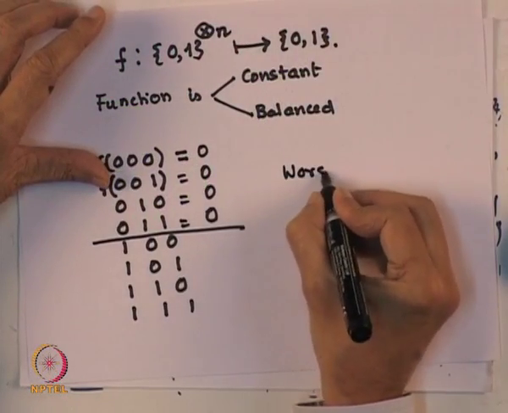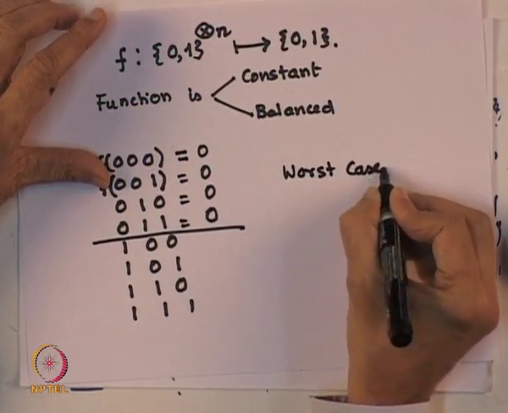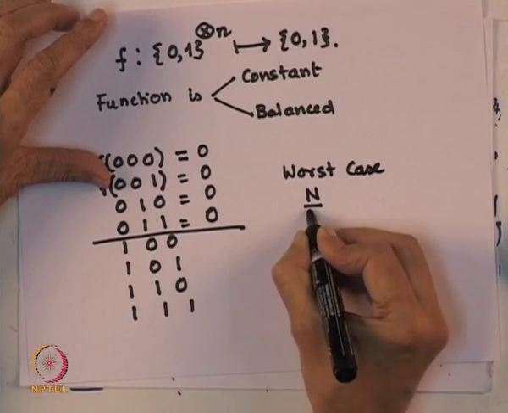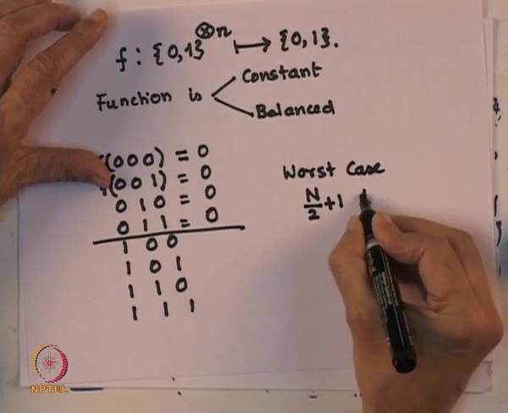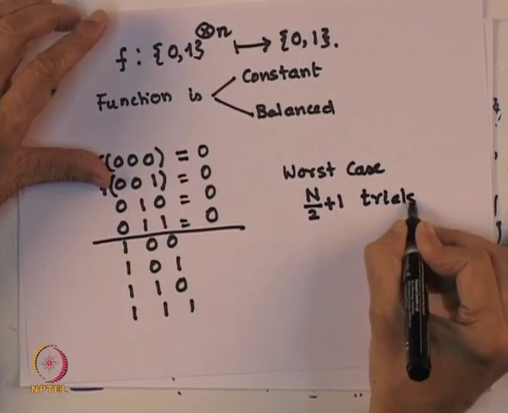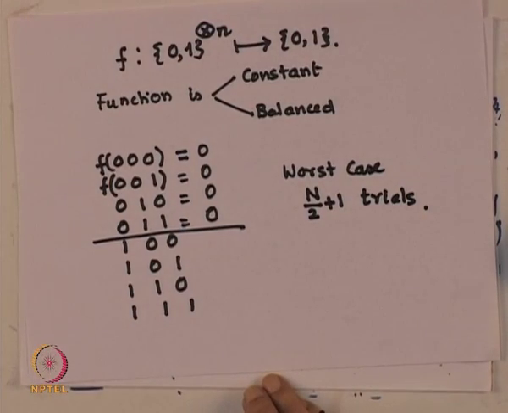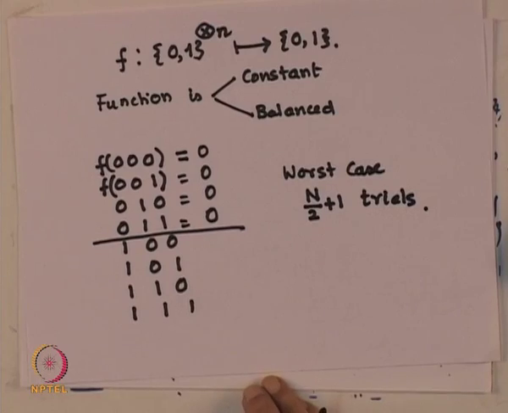So therefore, the possibilities in the worst case of classical computation, if there is n qubit, you need n by 2 plus 1 trials. That is the worst case scenario. In all likelihood, you are not going to be that unlucky and find out the result much before n by 2 plus 1.